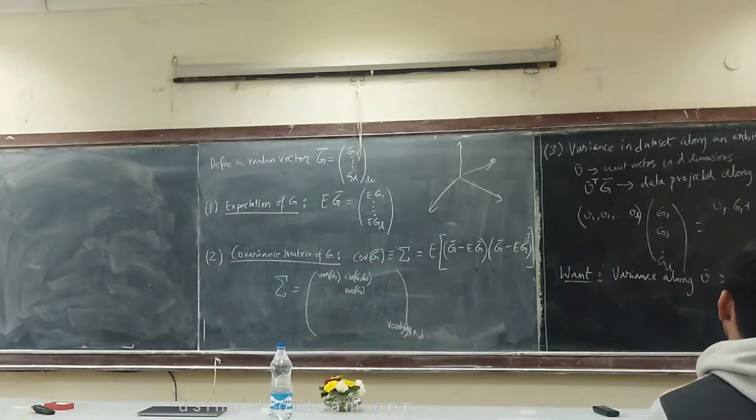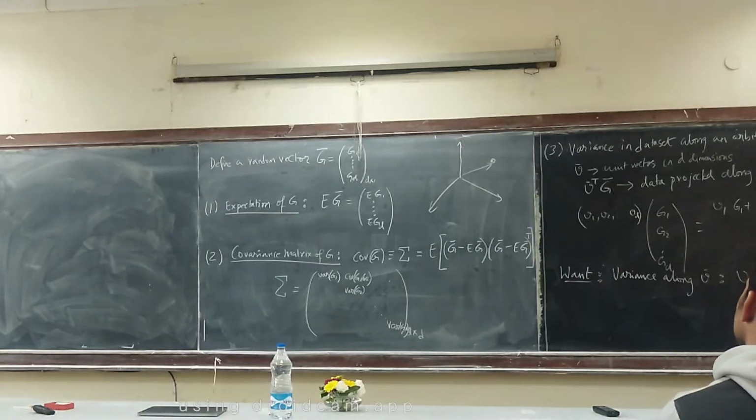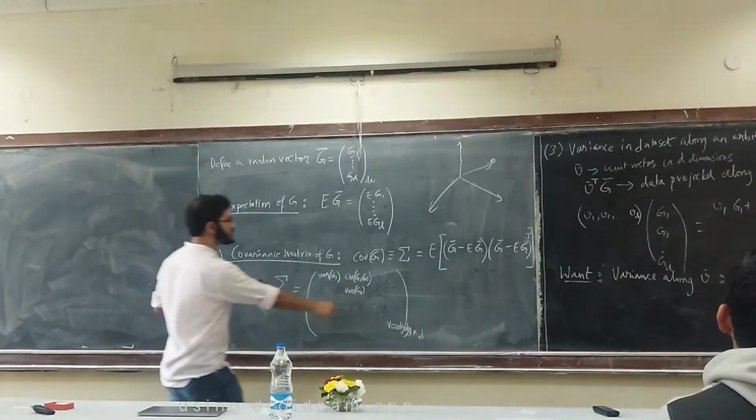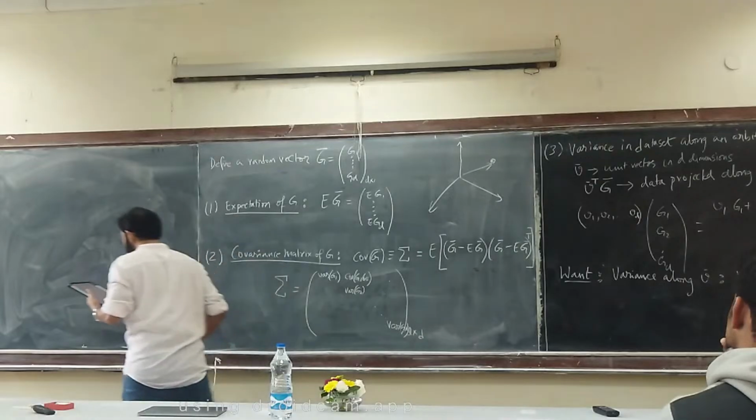Okay, so I'll just break that equation down into one step, and then you can do the rest of the algebra at home. Using the definition, remember the definition of variance comes from here.